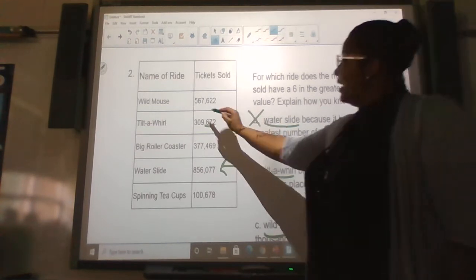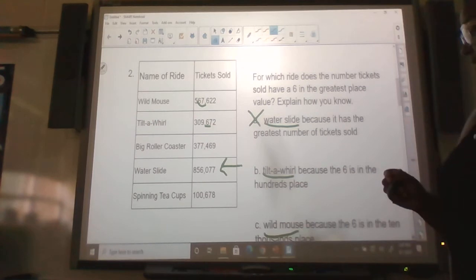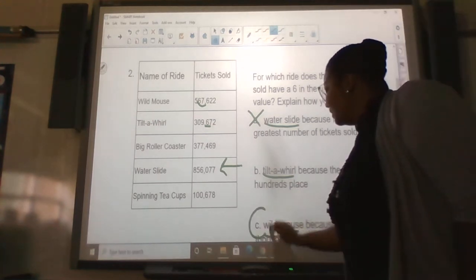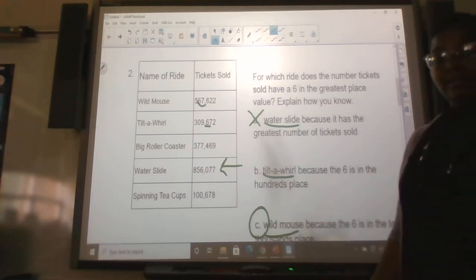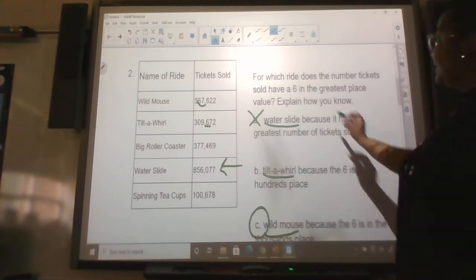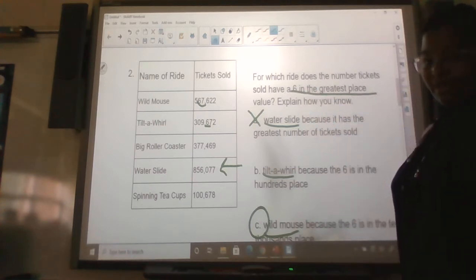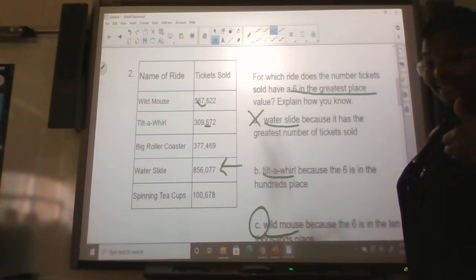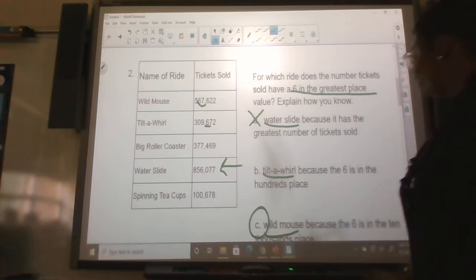And if I check that one, I do have a 6 in the 10,000s place. So my answer is C, boys and girls, wild mouse, because the 6 is in the 10,000s place. Remember, it said 6 in the greatest place value. Got it? If you don't understand, let me know.